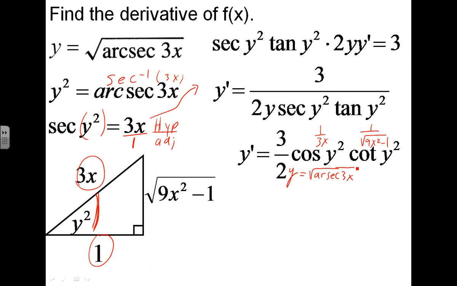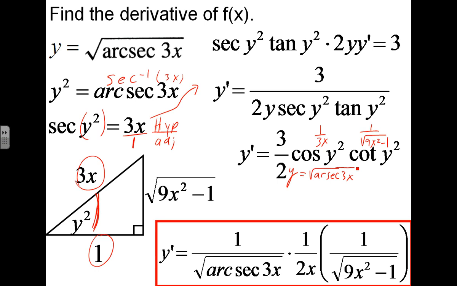So the final answer, after you substitute everything in, would be 1 over the arcsecant of 3x times 1 over 2x times 1 over the square root of 9x squared minus 1. And where'd my 3 go? I think it should be a 3 in there somewhere. I'll put it right there.